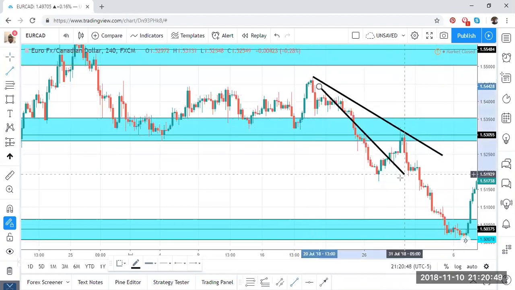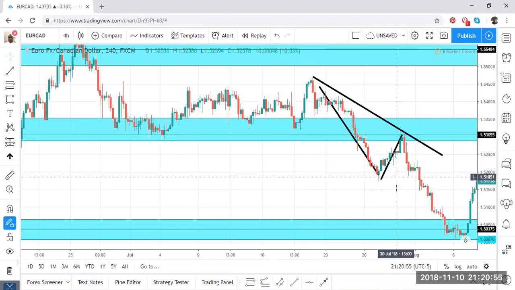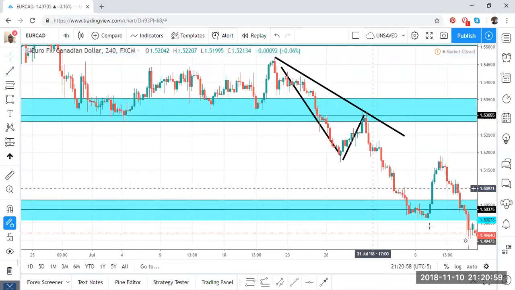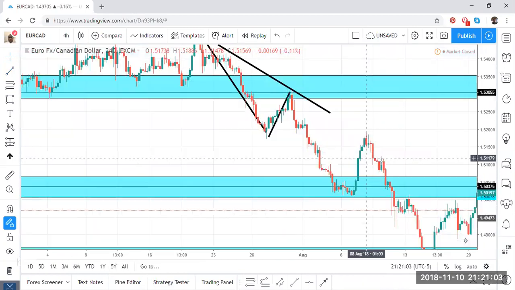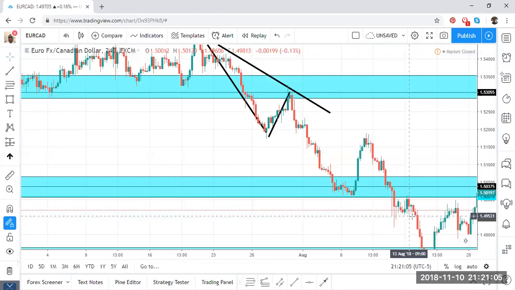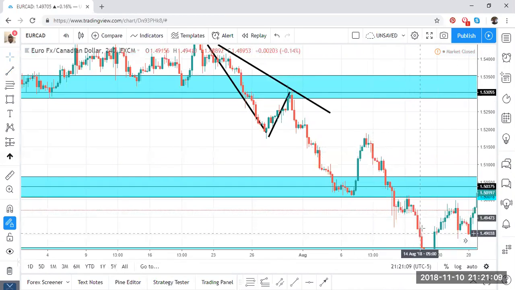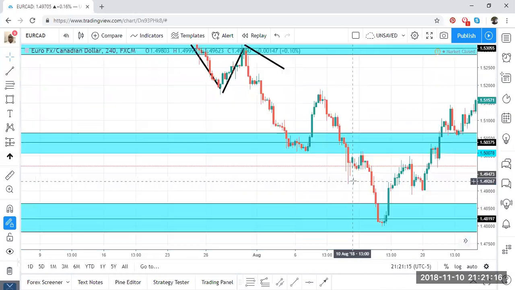I got a break and a retest, and I get an engulfing candle. I'm taking that, and I'm riding it down to the next zone. Support. Break and a retest. I could very well have this trade with a break and a retest down here. I put my sell stop here and I ride it down.